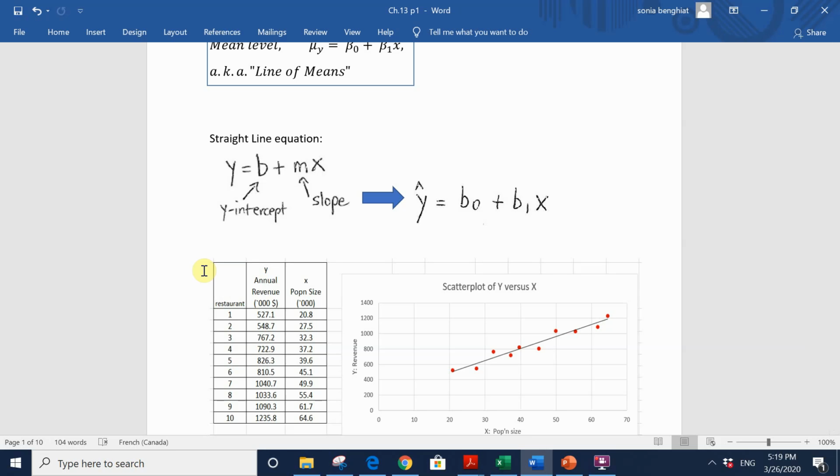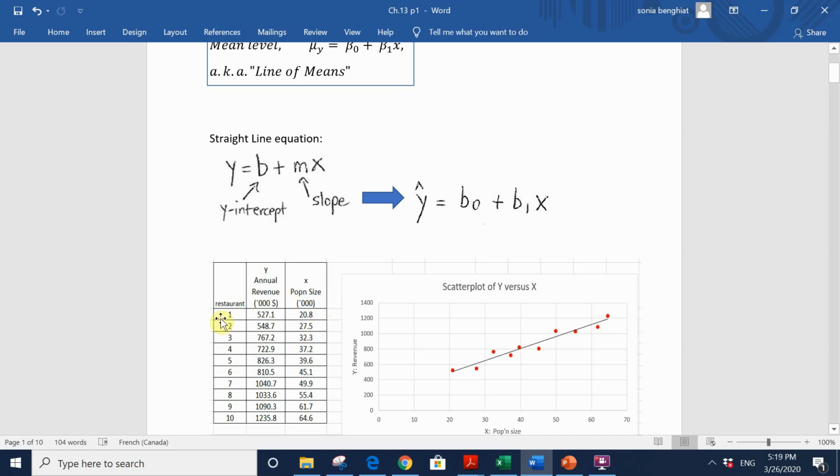So for instance, over here we have this example where we've got restaurants, and restaurants here have information on the annual revenues that they make and the population size in thousands of where these restaurants are located throughout different parts of, say, the city.